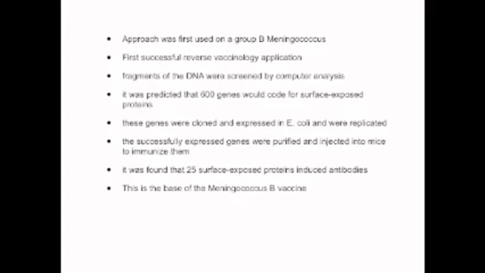These genes were then cloned, expressed in E. coli, and replicated. The successfully expressed genes were purified and injected into mice to immunize them, and it was found that 25 surface-exposed proteins induced antibodies. This is the base of the meningococcus B vaccine.